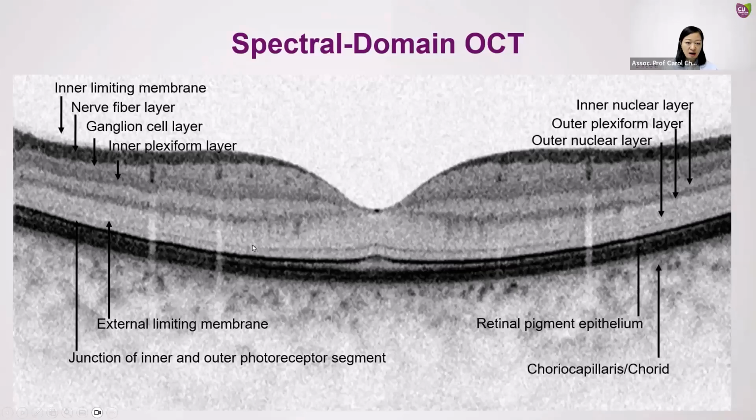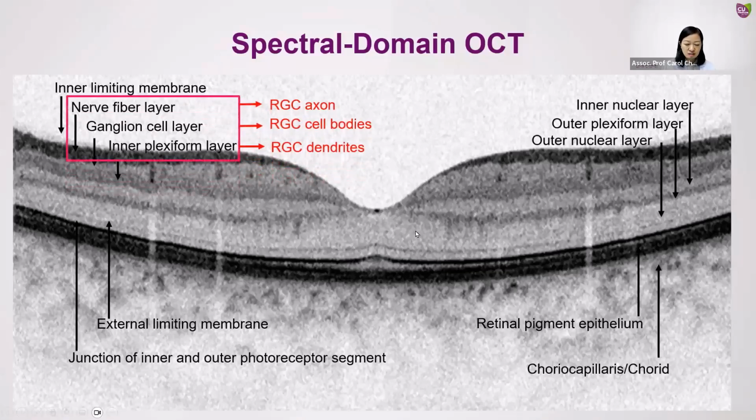And more detailed and precise quantitative assessment of retinal layers can now be performed using the second generation and third generation OCT, namely spectral domain OCT and swept source OCT.